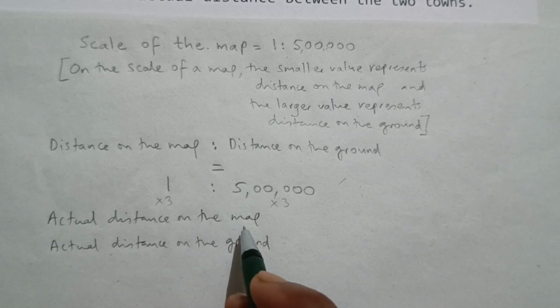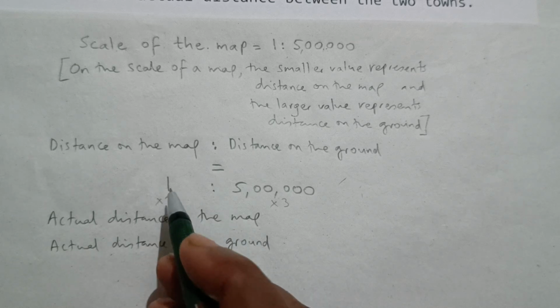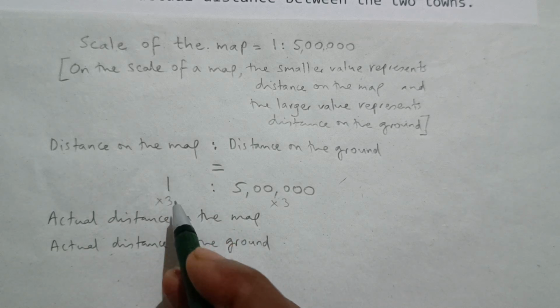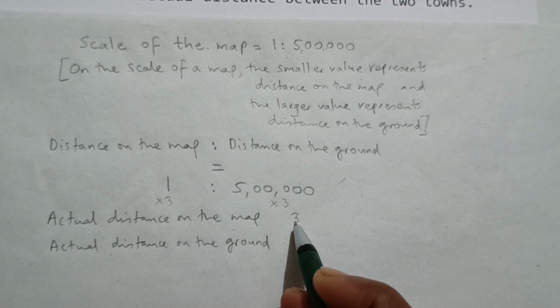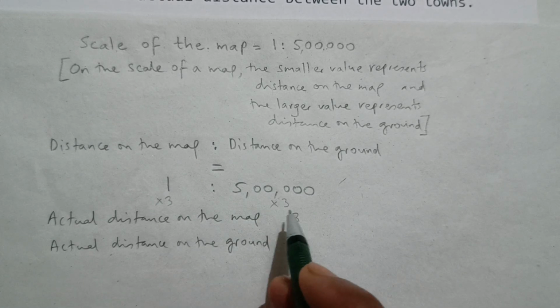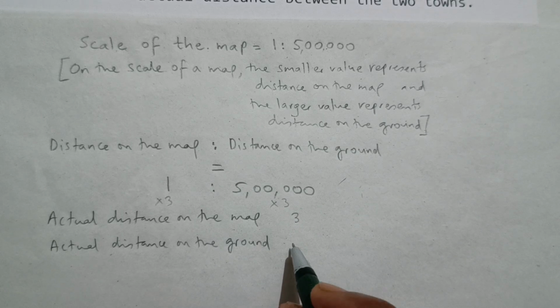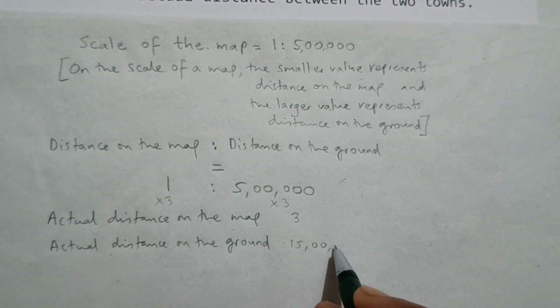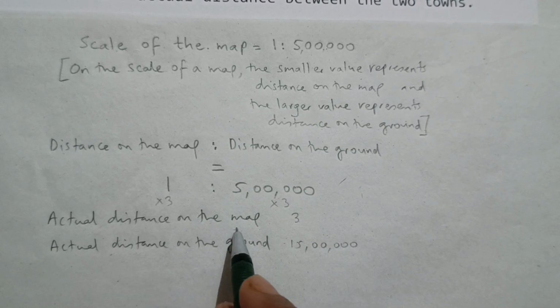So the actual distance on the map will be 1 into 3, which is 3. And the actual distance on the ground will be 5 lakh into 3, which is 15 lakh. So actual distance on the map is 3 and the actual distance on the ground is 15 lakh.